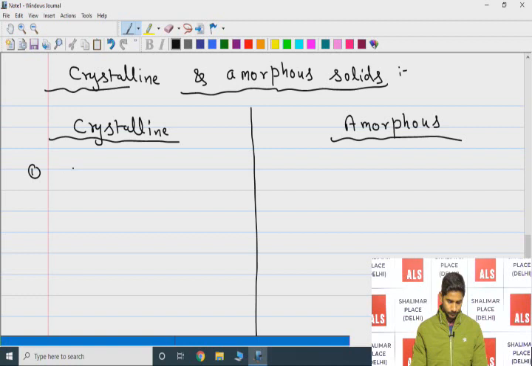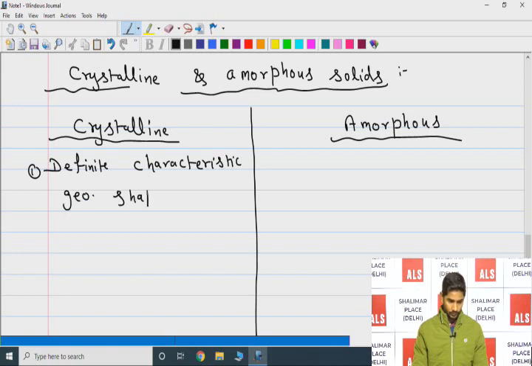Now, first point: crystalline solids have a definite characteristic geometrical shape, whereas amorphous solids have an irregular shape.